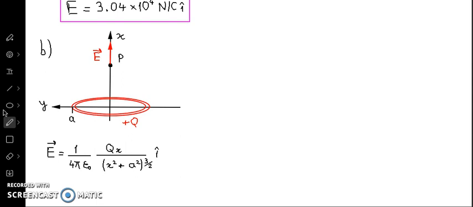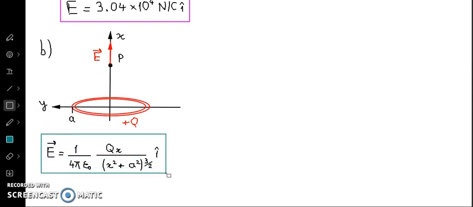So we will directly use the result from example 9: the electric field due to a ring at a point along the direction perpendicular to the plane of the ring. And here's the result of example 9.